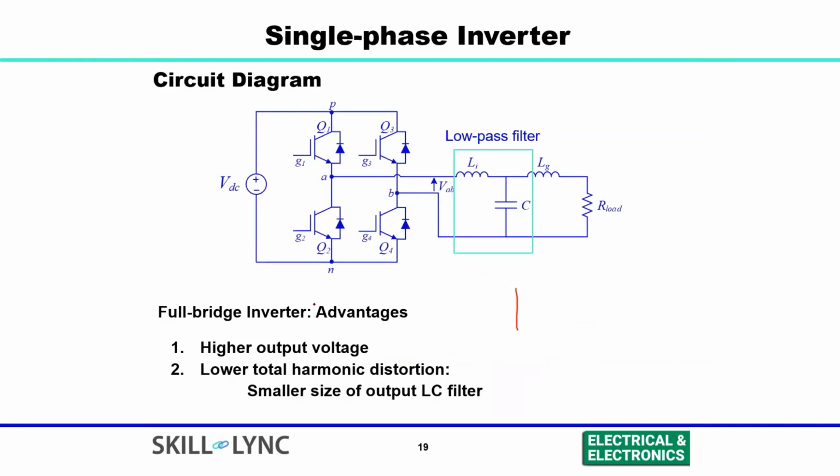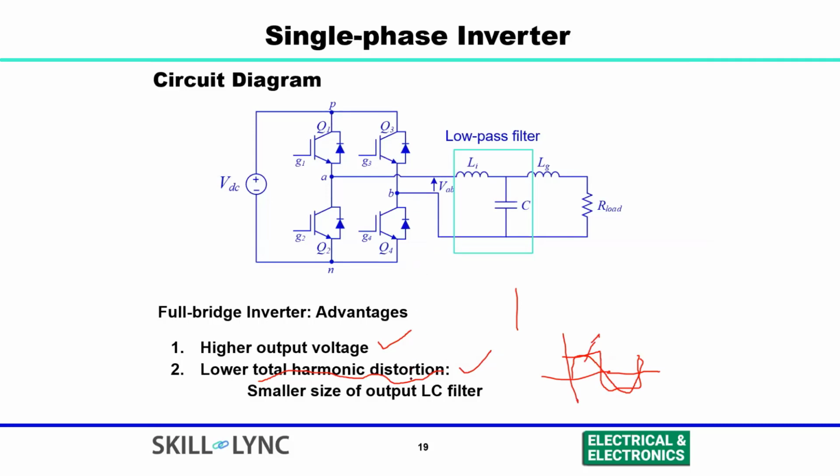For this case, there are different kinds of single phase inverters available in the literature: half bridge, and this is the structure of the full bridge. This is more popular because it has a higher output voltage and lower total harmonic distortion. We'll be discussing what total harmonic distortion is, which basically means that in the square wave, the amount of fundamental is more compared to this one, and the harmonic content is less.